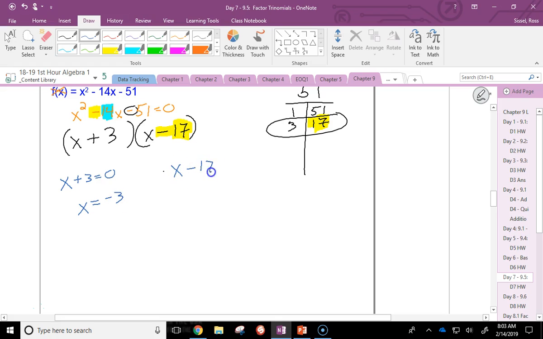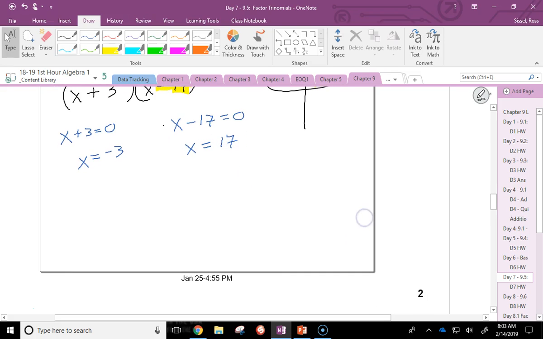X minus 17 equals 0, which means x equals positive 17. It's pretty much coming out to just the opposite. The only time it's not going to is if, you'll see when we get these to be, right now we're working with our A terms only 1, like x squared. We will see where we'll have 2x squared, and then you're going to have to do some division. So I have x equals negative 3, 17.